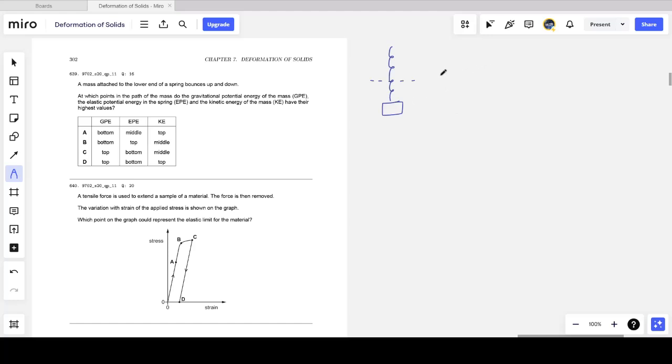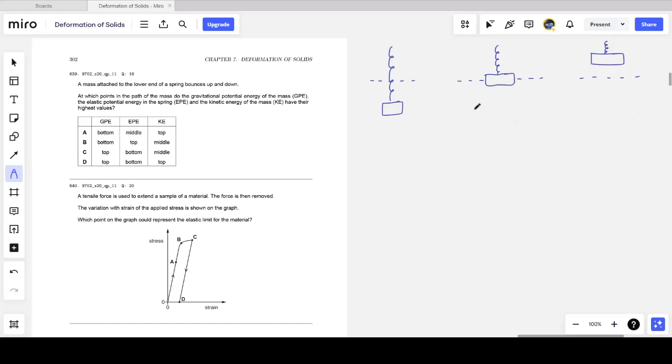And I'll then draw the mass bouncing up from its lowest point and then moving to the equilibrium position. And at this equilibrium position, it's moving with the highest speed that it can have when there's no extension of the spring. And then the mass moves to its highest position when the spring is compressed maximally, meaning it cannot be compressed anymore.